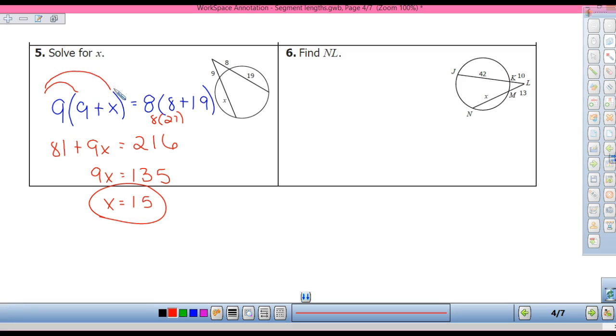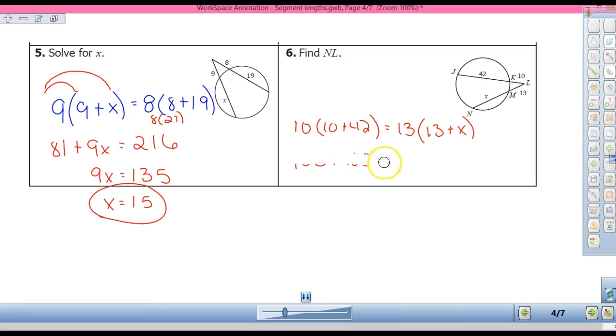Okay. All right, so over here, top line, outside is 10 times 10 plus 42 equals 13 times 13 plus x. Good. So we've got 100 plus 420.